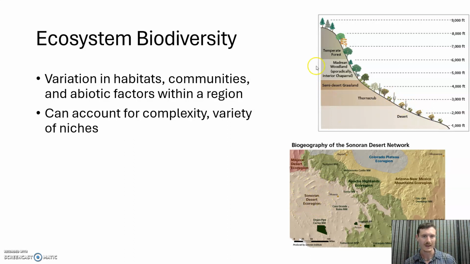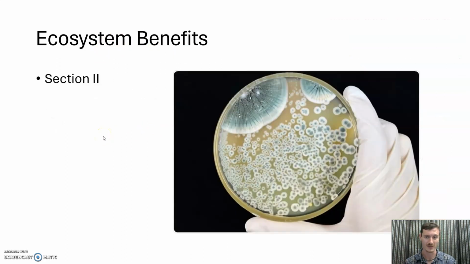So we're here. And we can see this is actually really, really good. And we'll come back to this later when we talk about Arizona and the Sonoran Desert specifically. But this is a huge variety of different ecosystems. This is good. And this term, ecosystem diversity or ecosystem biodiversity, can also account for complexity within those ecosystems or the variety of niches available in each one.